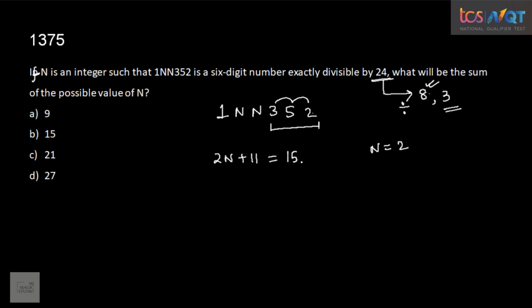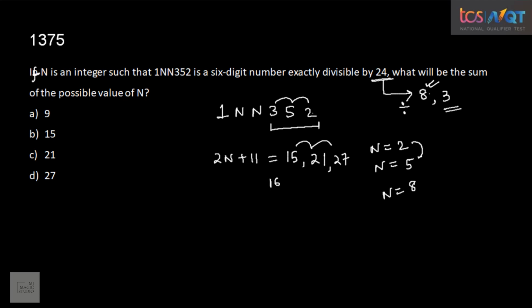Again, the next odd one would be 21. 21 minus 11 is 10. The value of n would be 5. Then we have 27, with an increase of 6 we are moving. 27 minus 11 is 16. 16 by 2 is 8.